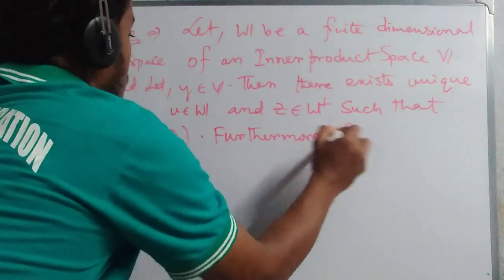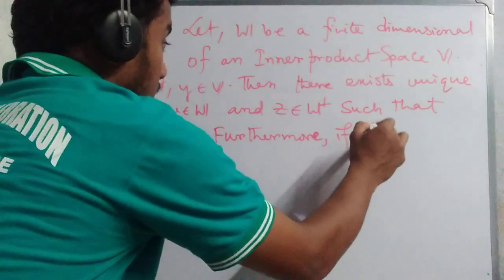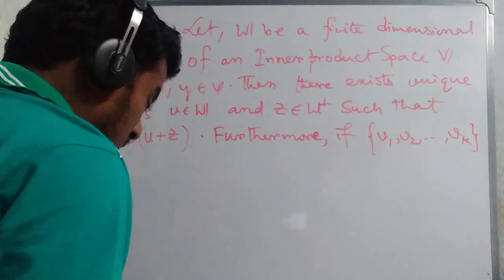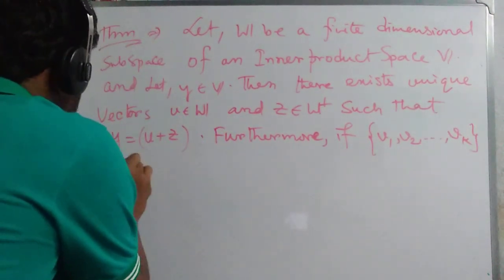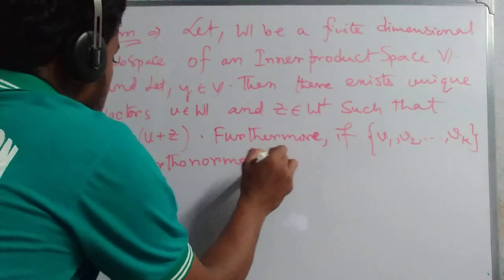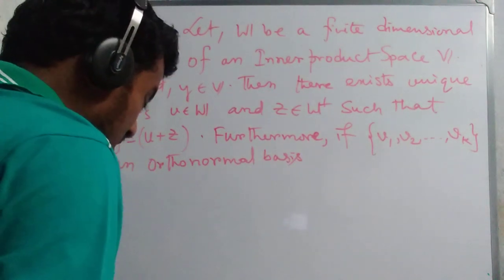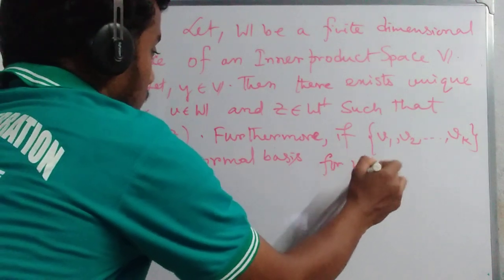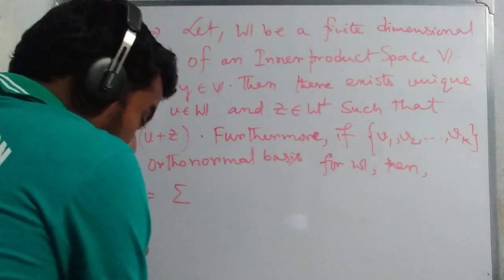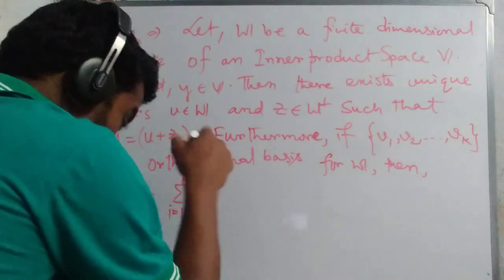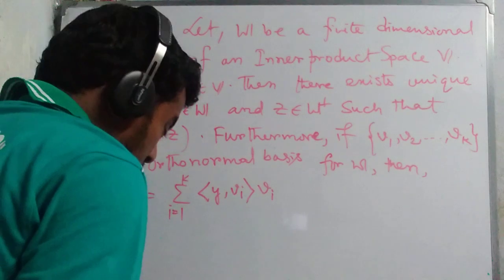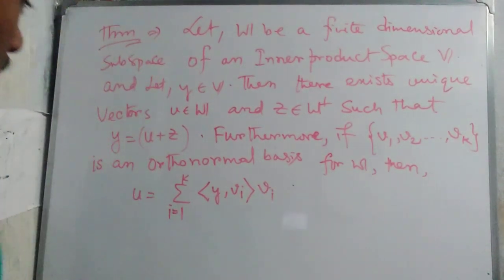And furthermore, if v1, v2, ..., vk is an orthonormal basis for W, then u equals the sum from i equal to 1 to k of the inner product of y and vi, times vi.